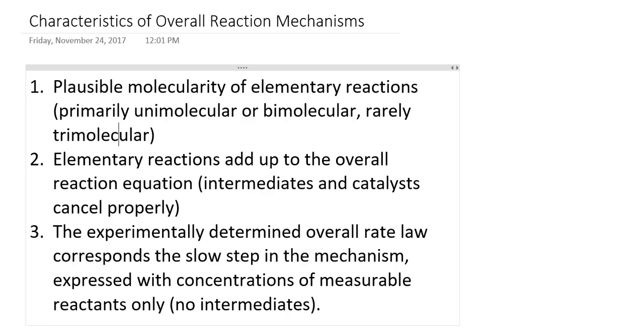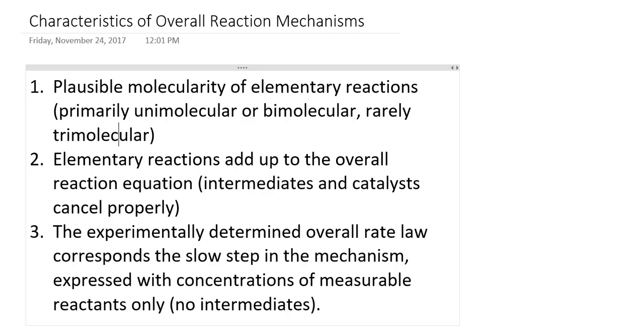It's very rare that you would get a termolecular step, where three molecules come together and collide simultaneously, because the probability of three molecules coming together with just enough energy to react, such that an activation energy is exceeded, is extremely low. And so for the most part, you're going to get unimolecular and bimolecular steps in these reaction mechanisms.